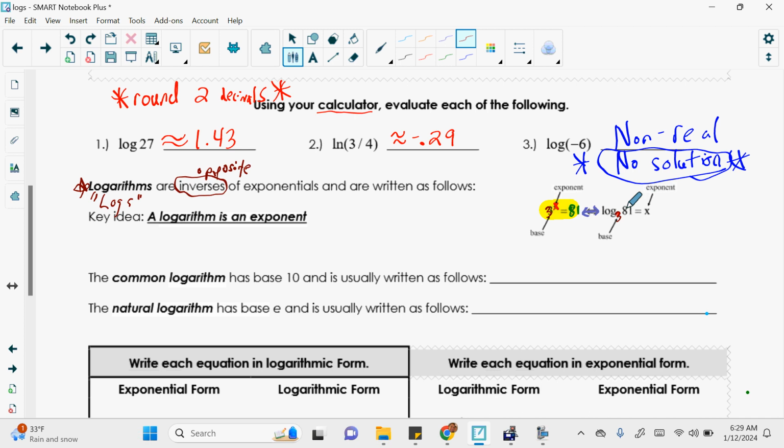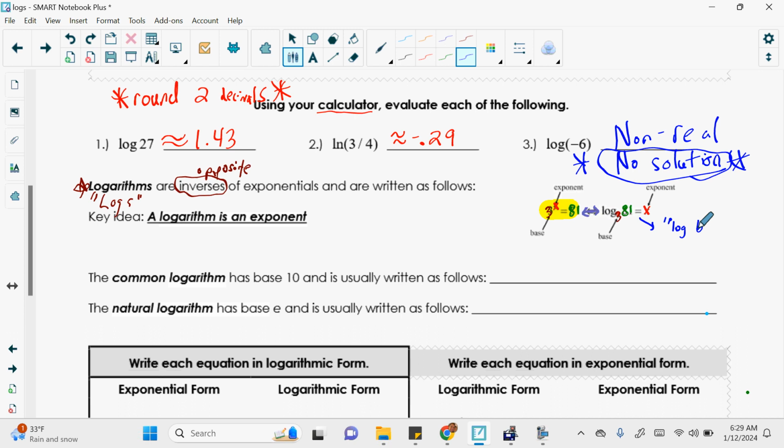So I'm going to write it out how I set it, okay? How this looks is this. You say log base 3, so whatever the base was of your exponent, that's what it is. So log base 3 of, now what your exponent actually equals, so in this case 81, equals x.